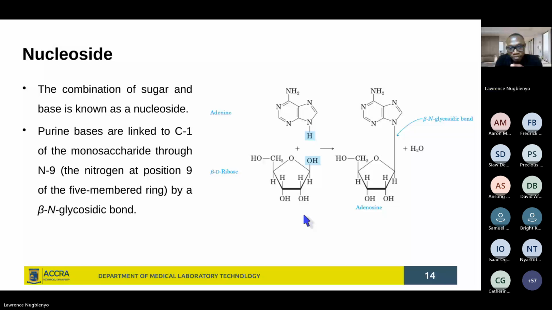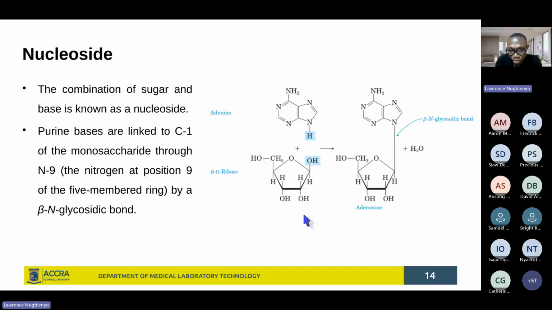Now, I don't know if you studied some carbohydrates in the first year, but see, the same way as you have, say, in proteins, the bond that is between amino acids, you refer to that as a peptide bond. Sometimes some people say amide bond between amino acids to form peptides or proteins.